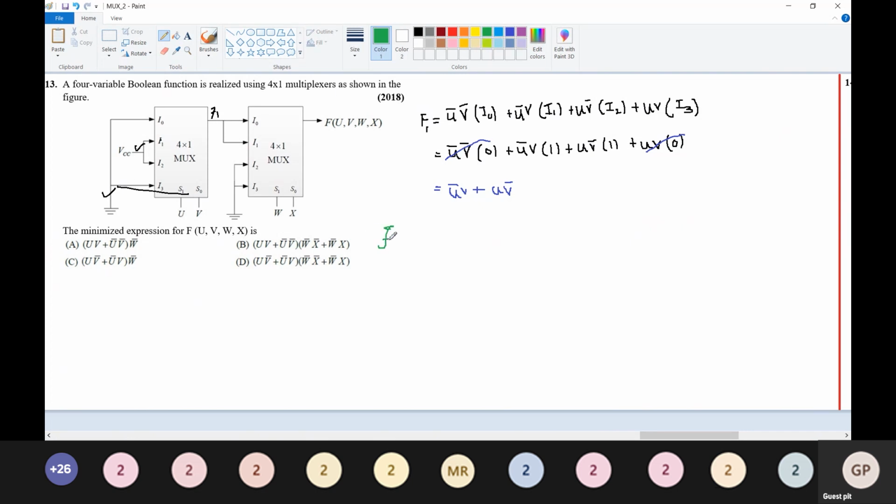Therefore, the final F of U, V, W, X is equal to, what is the selection line?